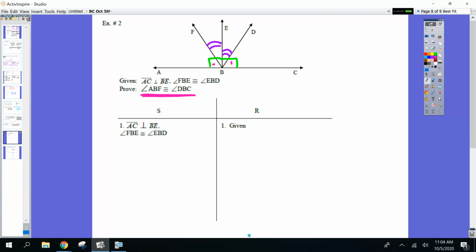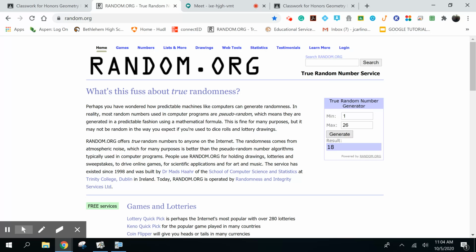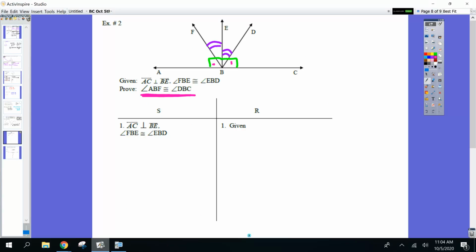But I'm missing something. What was the note you wrote down? If you're going to use a complementary fact, you need to tell me which angles are. All right, let's do it. What angles are complementary? Owen already did it, but I need somebody else to make sure we're following along. Gideon, name me 2 angles that are complementary. EBA and EBC. EBA is the right angle.